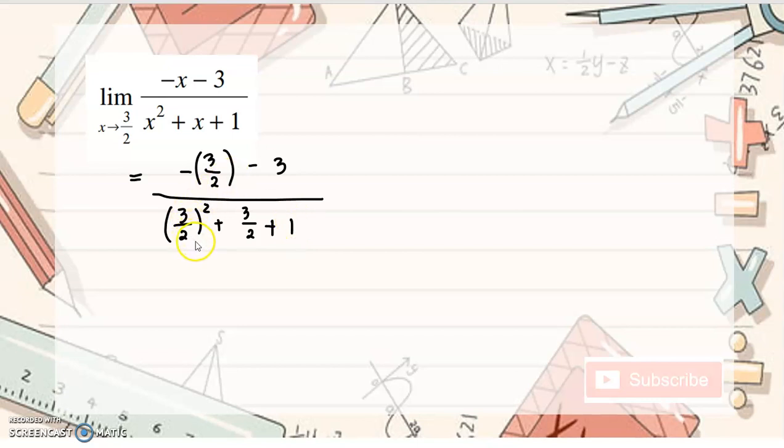Then in here, since there is a fraction involved, before we add or subtract, you have to find out what is the LCD. For the numerator, the LCD of negative 3 halves and negative 3 would be 2. So this would be negative 3 over 2 minus, instead of using 3, we multiply 3 by 2, that would be 6. Then we copy the denominator 2.